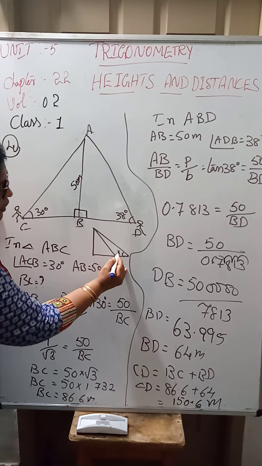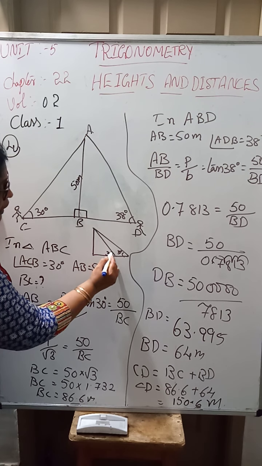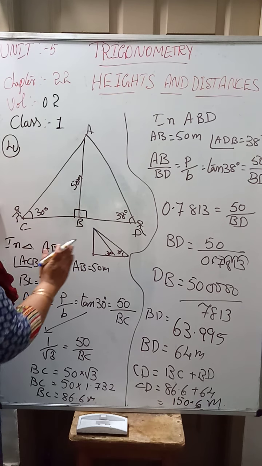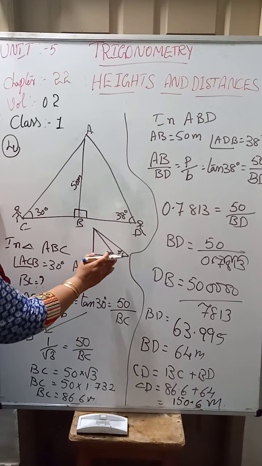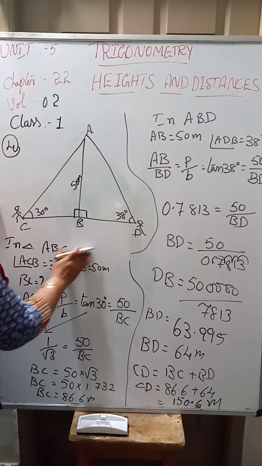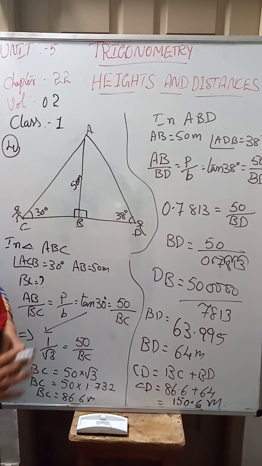So this is 30 degrees and 38 degrees. In case the persons are standing on the same side of the tower, it is like this. So according to this problem, this is the right figure. All the best.